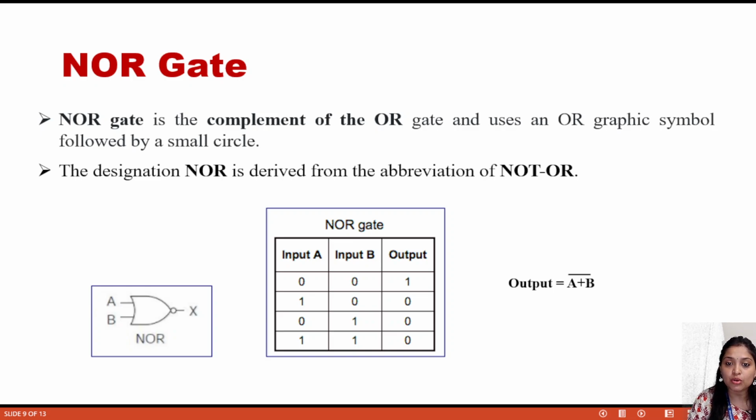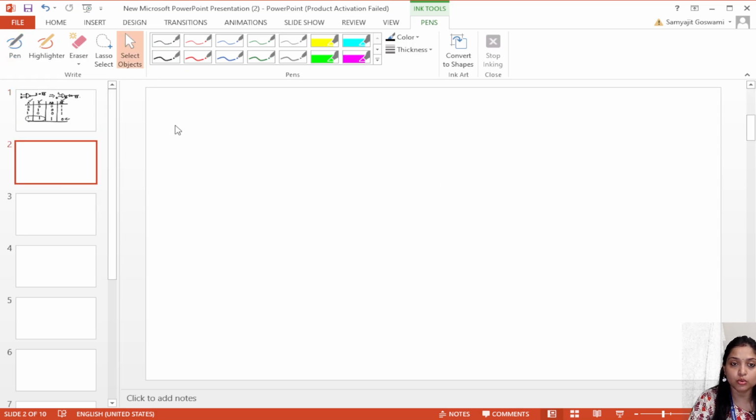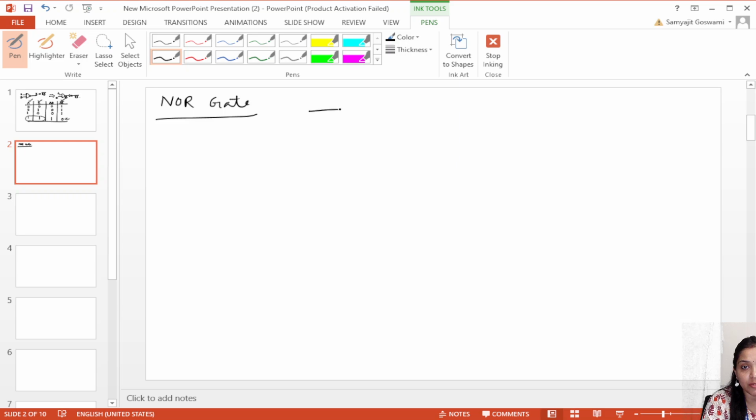Same thing I will now do: the same calculation for the OR gate and NOR gate. Now I am discussing the NOR gate. We will represent it in this way.